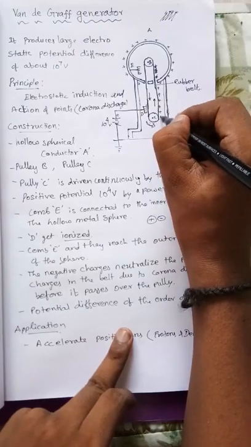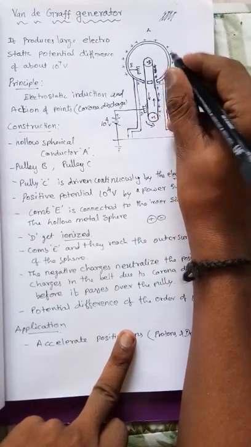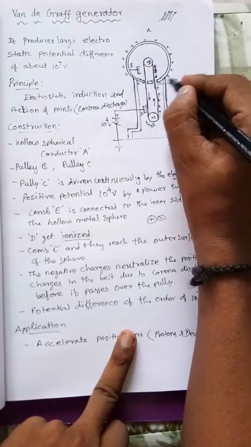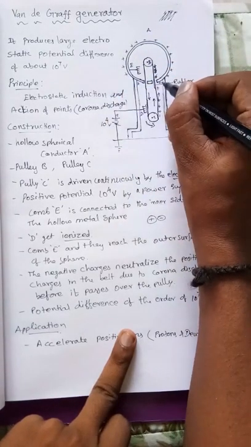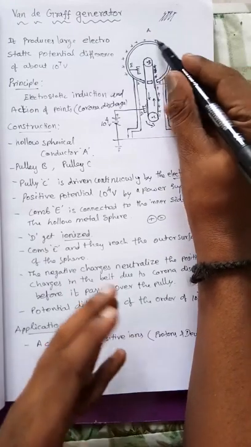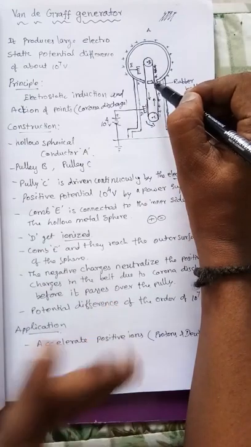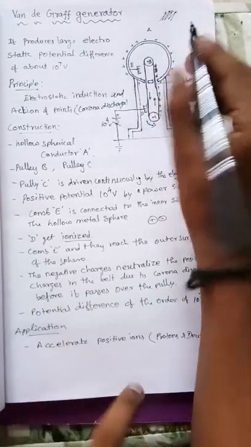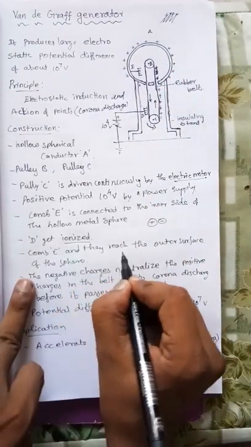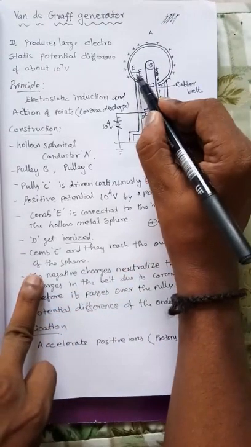When the positive charge moves up, it spreads over the metal sphere by electrostatic induction. All the positive charge is attracted by the metal sphere and spreads over the hollow spherical conductor. Now the belt reaches the outer surface of the sphere, where another comb is there.